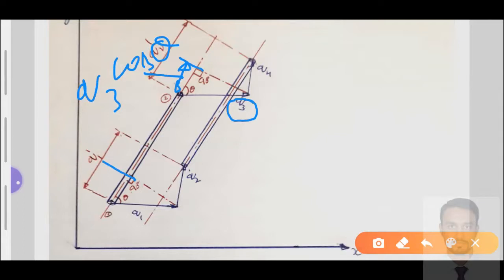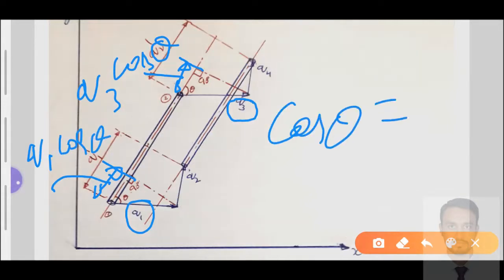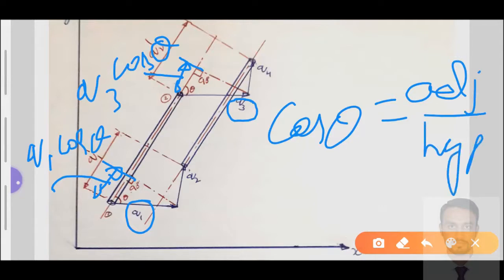Similarly, here we have a hypotenuse q1. This is the adjacent, whose value is equal to q1 cos theta. We know that cos theta is equal to adjacent divided by hypotenuse.